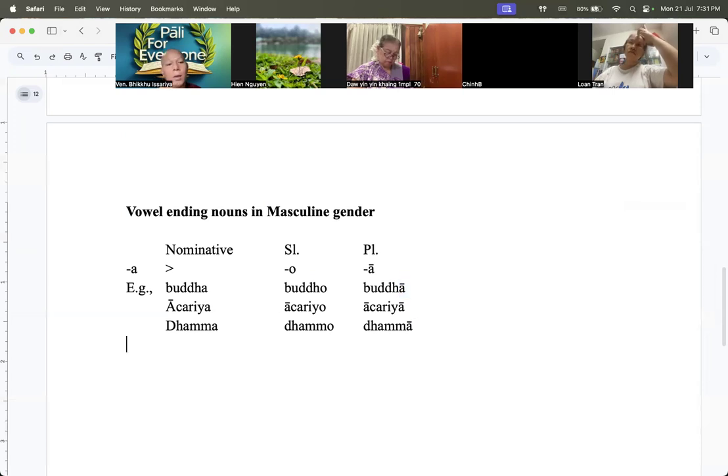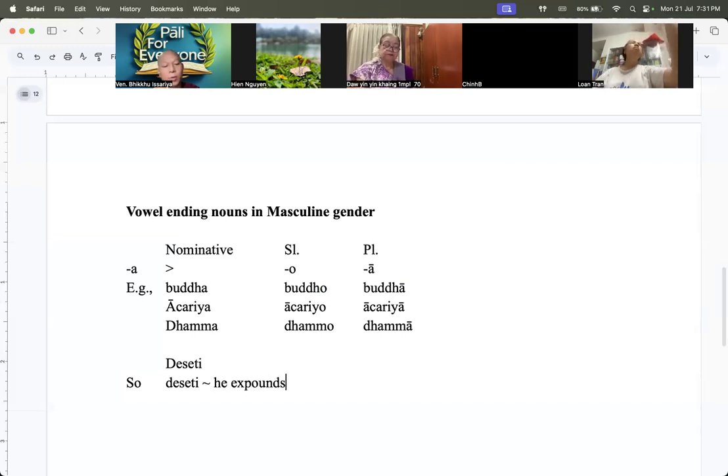We have already learned, for example, the verb deseti. At that time we learned so deseti. Commonly we learn so deseti, he expounds.